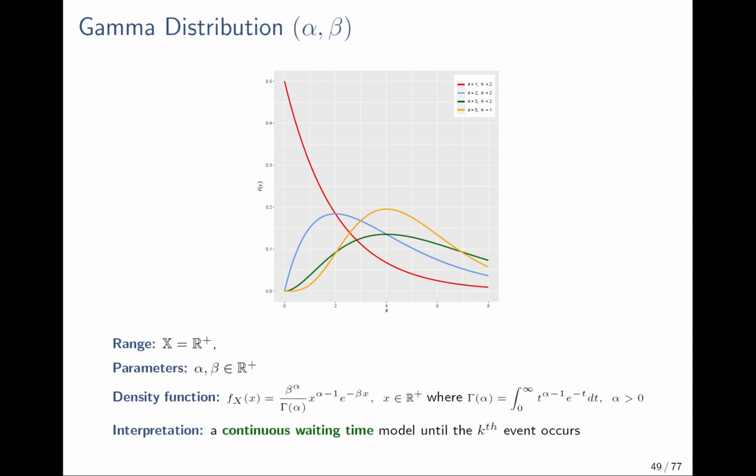Okay, just a few other distributions, and I'll go through these quite quickly because I think by now you're getting the picture. What I want to emphasize is that the analytical form of these distributions depends on the process we're looking at. The gamma distribution is just another continuous waiting time distribution. This time we're interested in the waiting time until the kth event occurs.